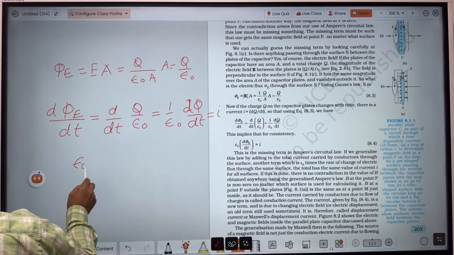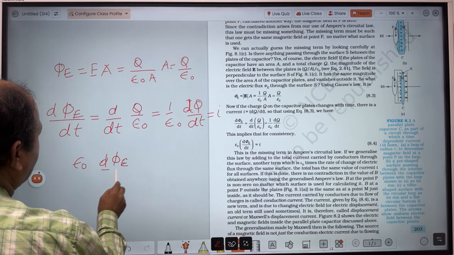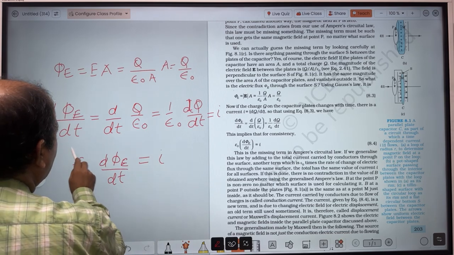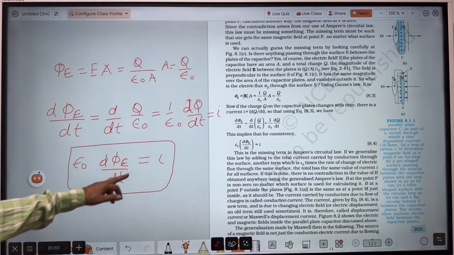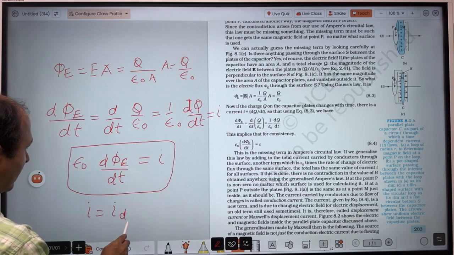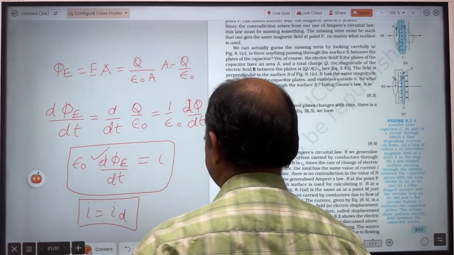So we can say epsilon naught times d phi E by dt is equal to I. So here this I will be written as ID, displacement current. So this is the expression for displacement current.